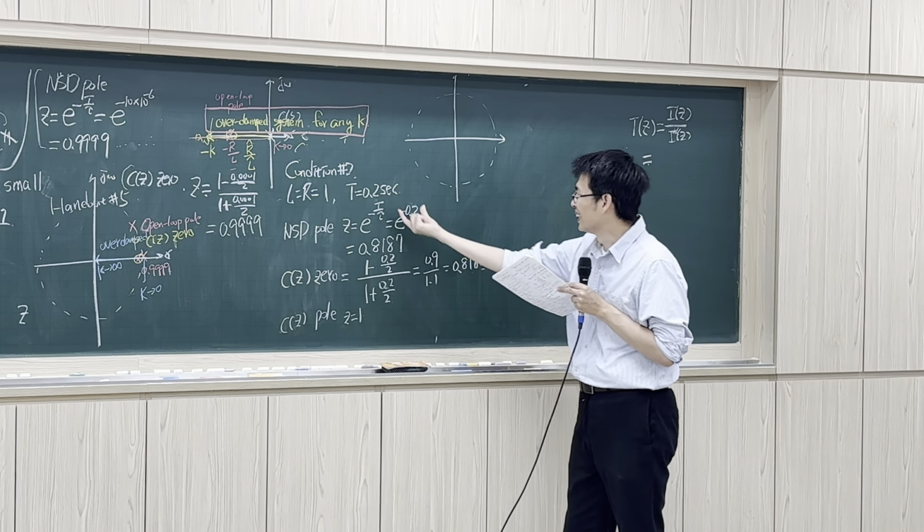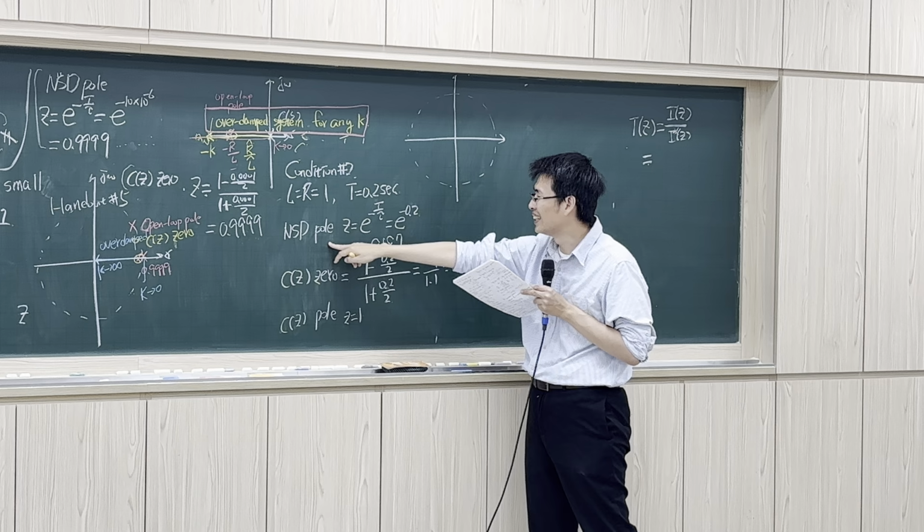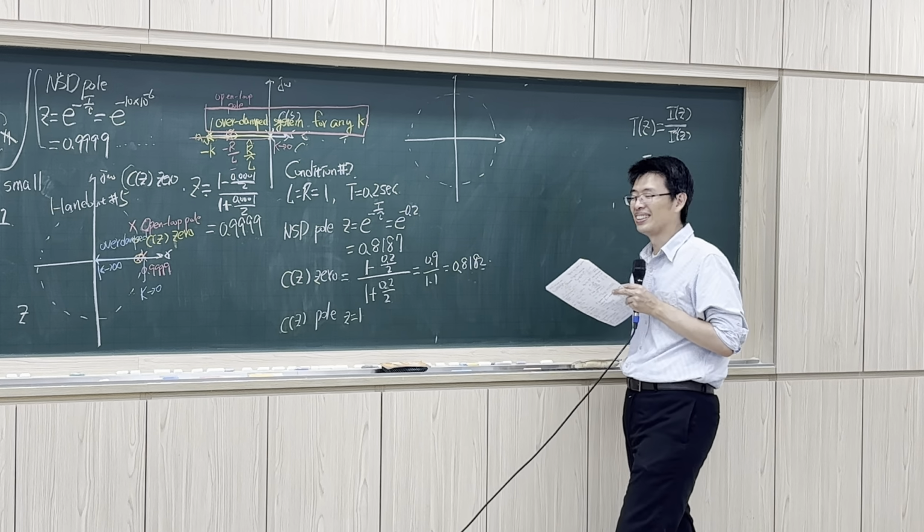So I will increase the error between the NSD pole and the CZ zero.